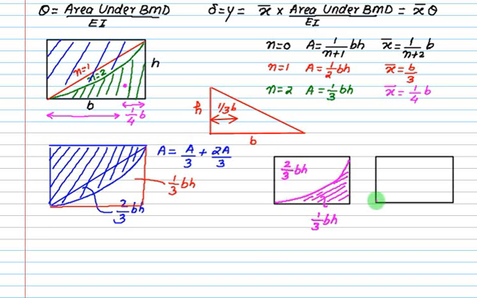But if I draw my figure, is it a triangle? If I draw my spandrel on this side, is this area less than the triangle area? So is this area 1 by 3 of BH? 1 by 3 is less than 1 by 2. So is this area now 2 by 3 BH? Correct?